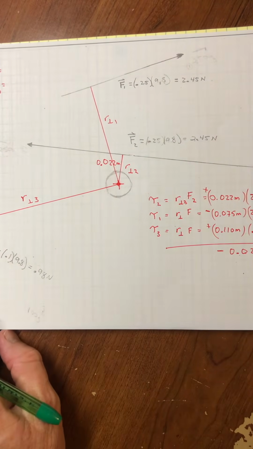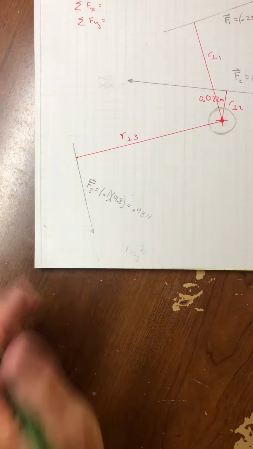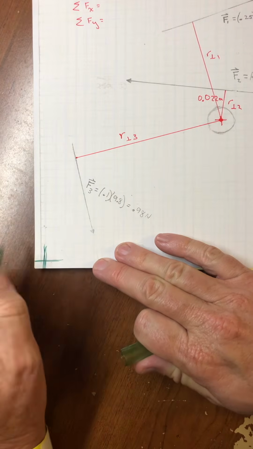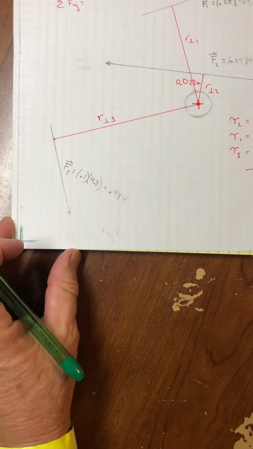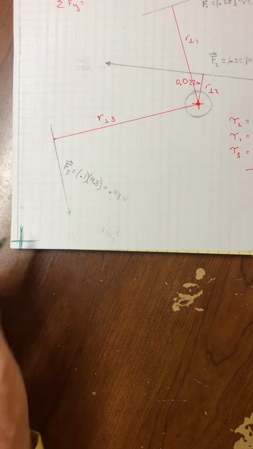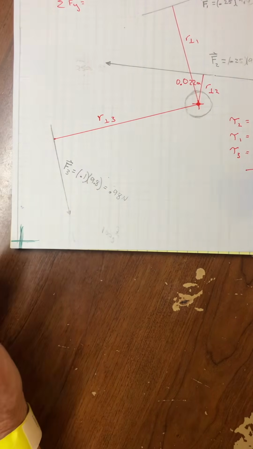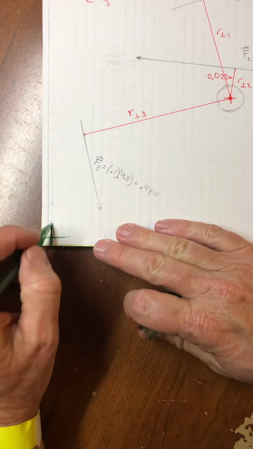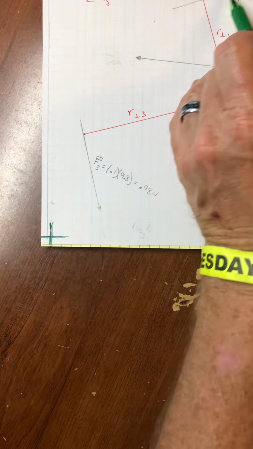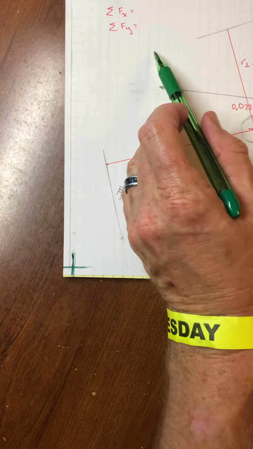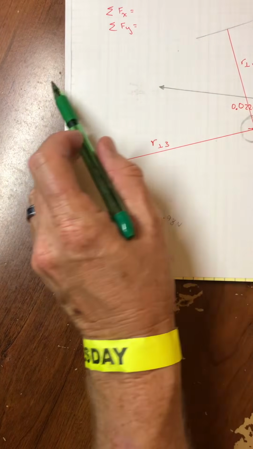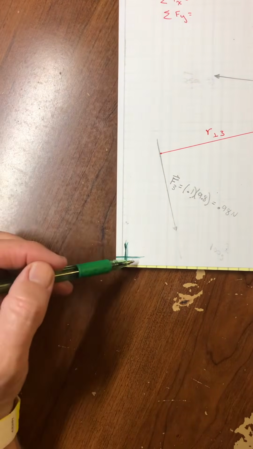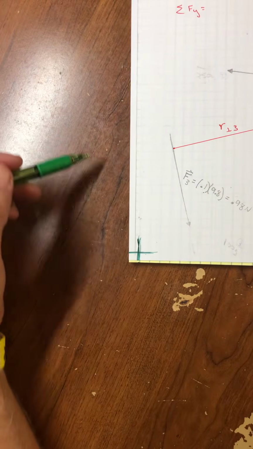I know that in the video of the lab I was preparing, I picked way down here in this corner. Now, I'm not so sure that was good advice, because then you might end up drawing things that are off the paper. For example, if I did pick down here, the line of action of number 1 here would come across, and the perpendicular distance would be over here somewhere, and it's off my paper.